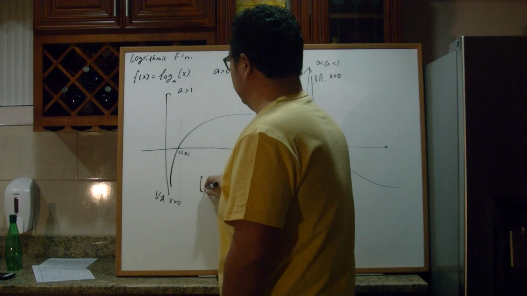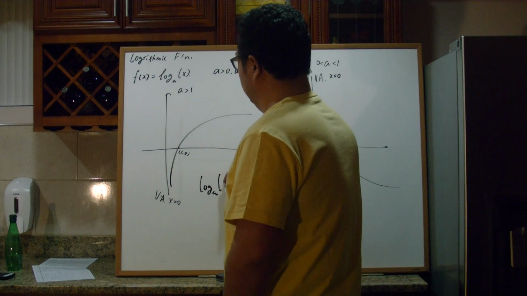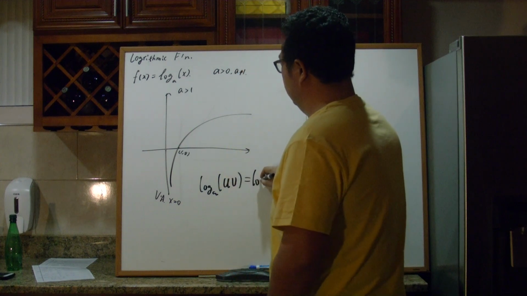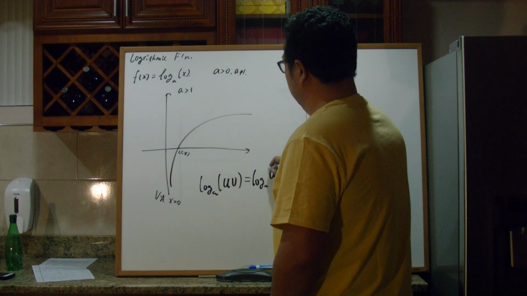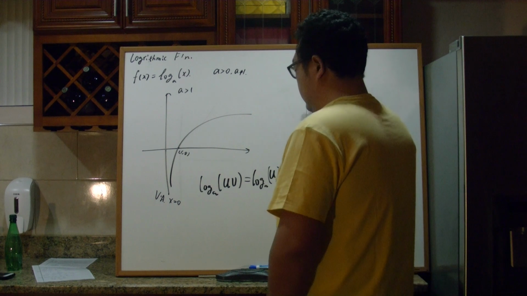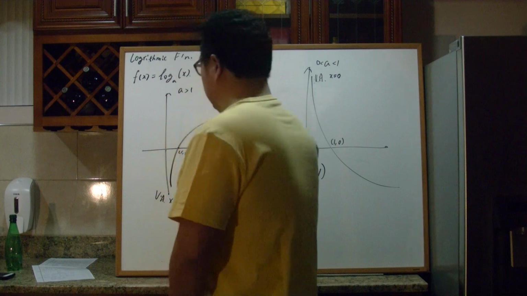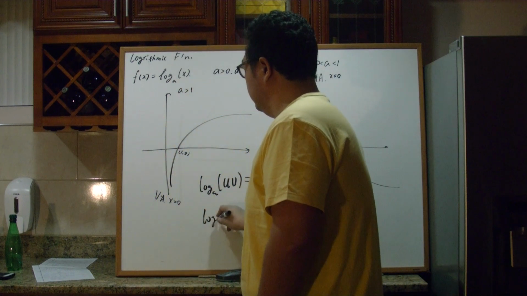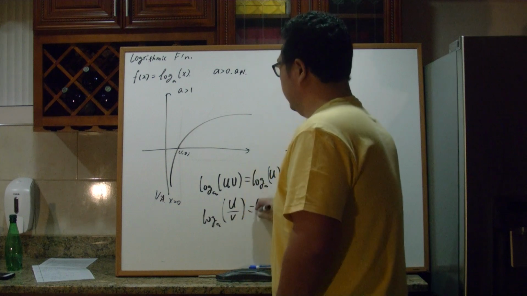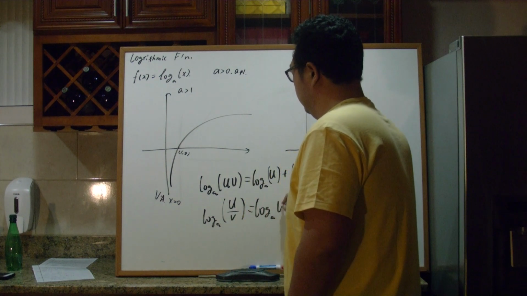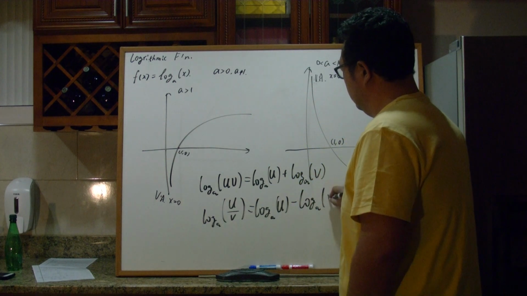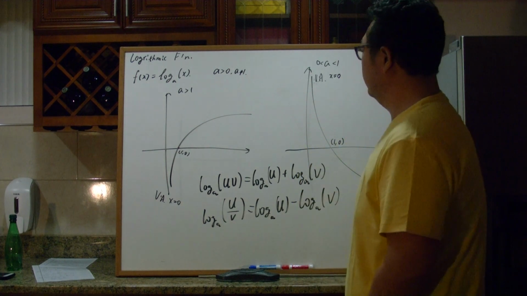Some other properties for log. Product becomes summation. Quotient, log base a of u over v, will become the difference of the same base.